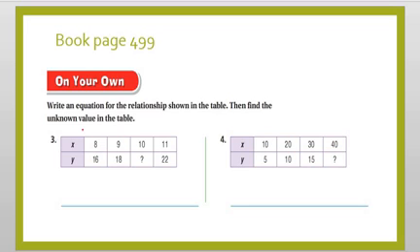We don't know it. We have to figure it out. Okay, when x equals 8, the output is 16. Okay, I still don't know how this happened. Look again. When x equals 9, the value is 18.